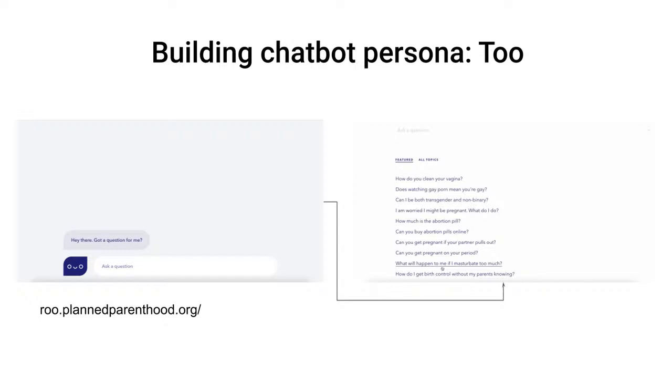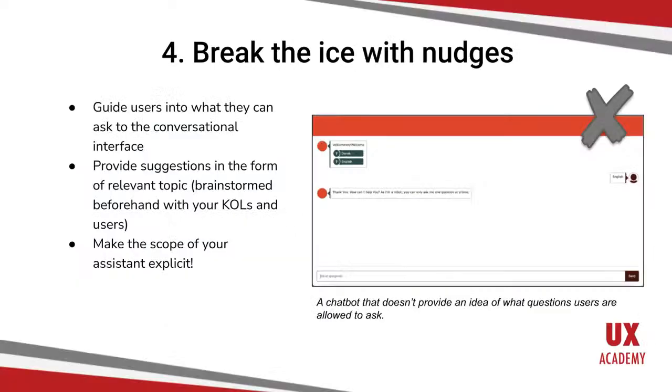And Rue does that. If you click on the input bar, there is a panel which slides in from the bottom, and you have an option to input your text, but also a list of the most searched topics, or the topics that the chatbot is really well suited to answer. Sometimes you have these chatbots where you don't really know where to start from, because you don't know what the scope of the chatbot is, what questions it is really going to be able to answer.